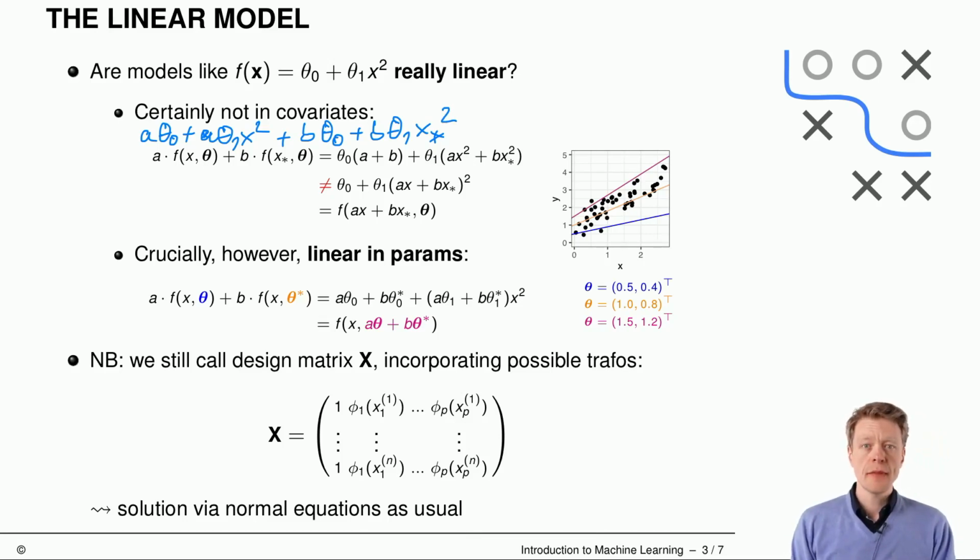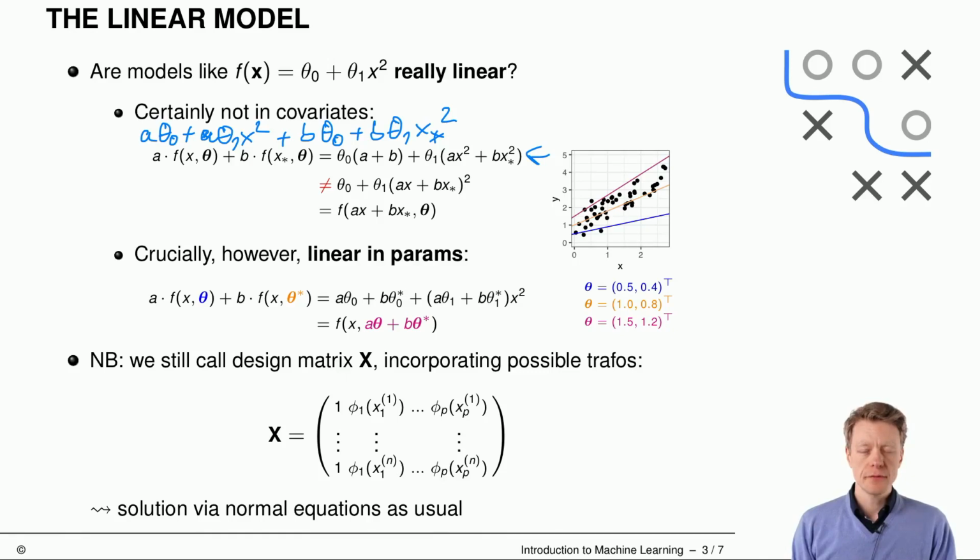Okay, and now if we rearrange terms such that the ones that correspond to theta 0 go together and the others corresponding to theta 1 go together, then we have this equation here. So that's the left-hand side of the equation.